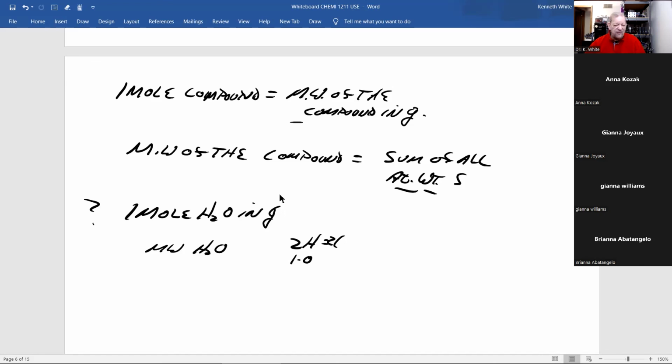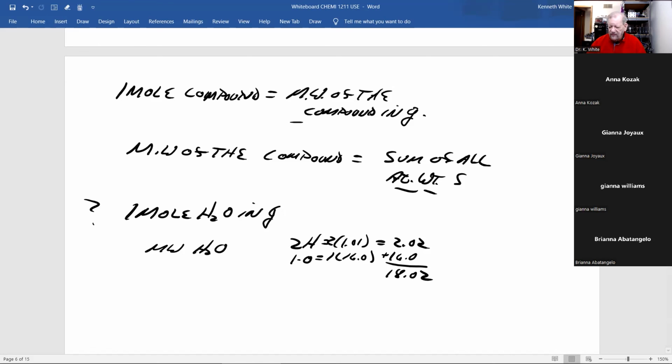That's 2 times the atomic weight of hydrogen, which if we look at our periodic table, is 1.01, plus 1 times the atomic weight of oxygen, the 3 significant figures is 16.0. Do the math, add it up, and we get that number.